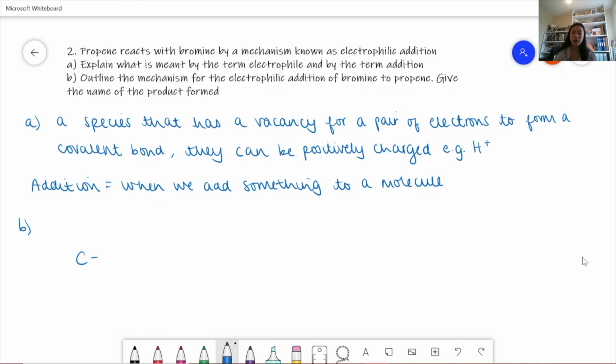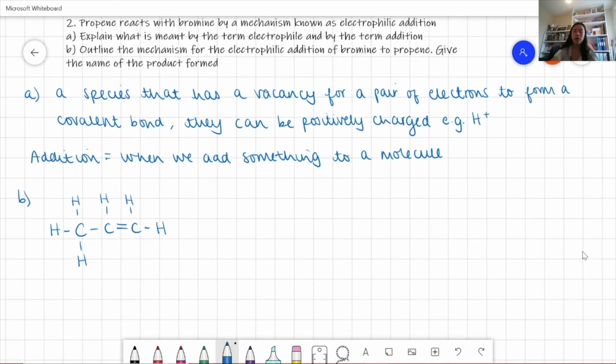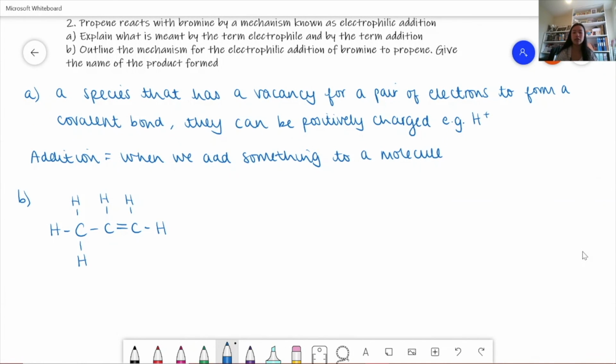So we have propene. This should be a double bond. And then we have bromine. And the Br with the partially positive charge is actually the electrophile.